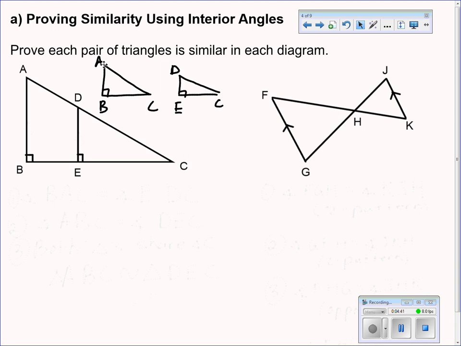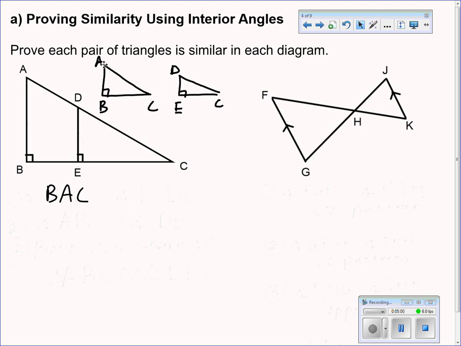Remember, all of the angles of this triangle have to match this triangle in order to say that they are similar.